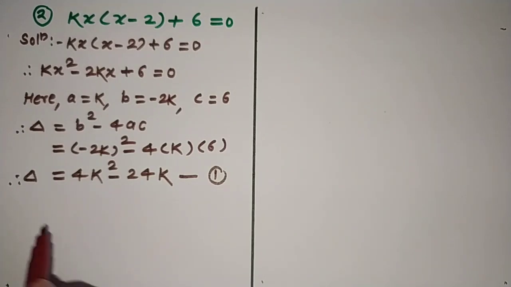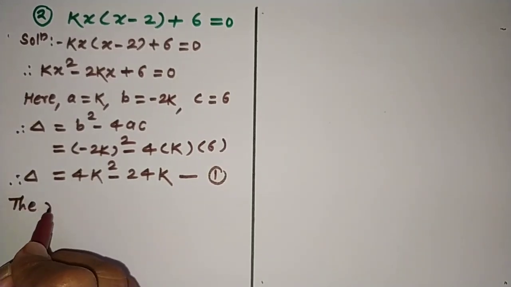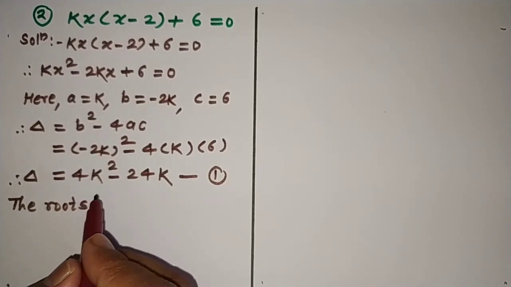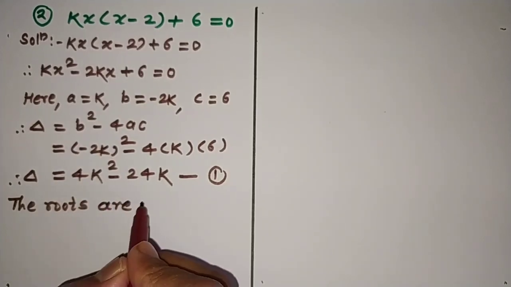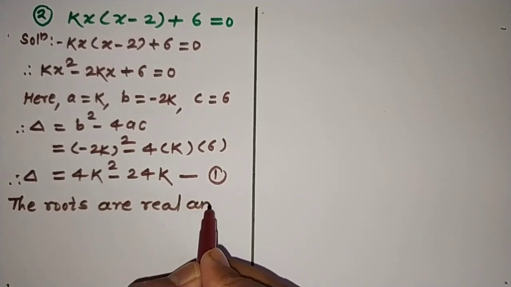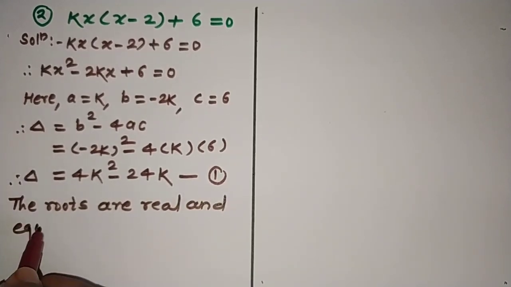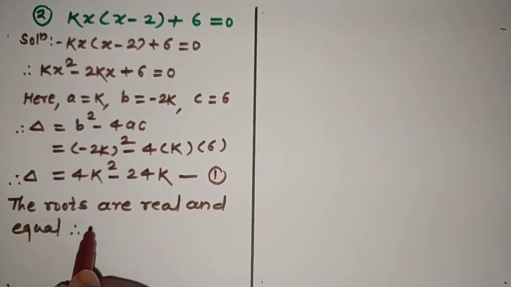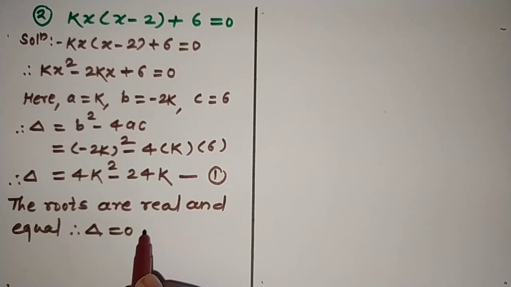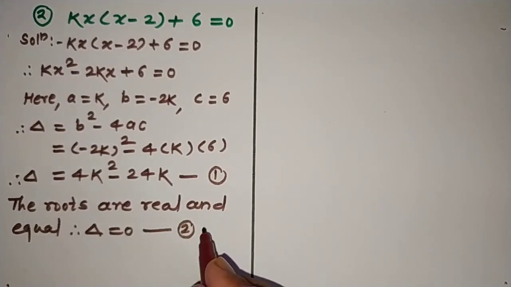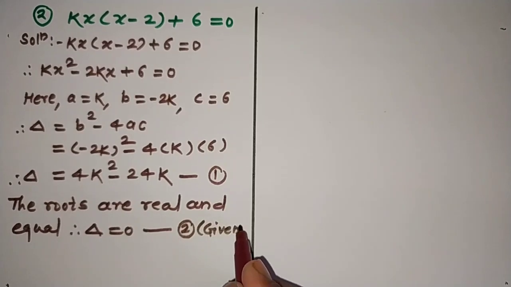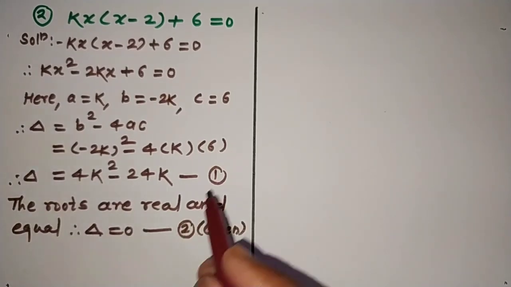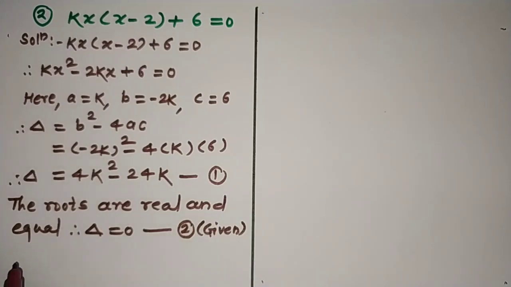The roots are real and equal. Therefore, delta is equal to 0. This is the second equation. Write down from equation 1 and 2, 4k square minus 24k is equal to 0.